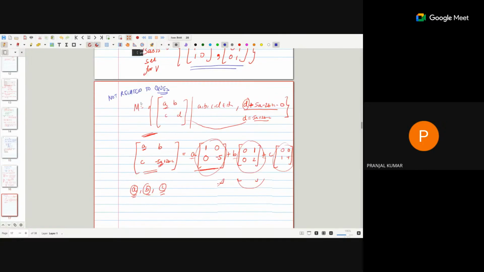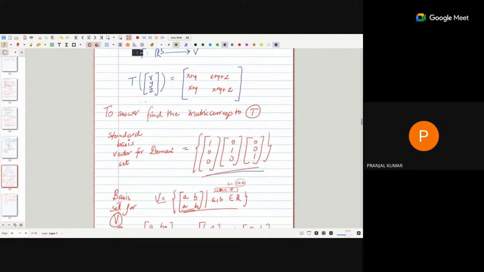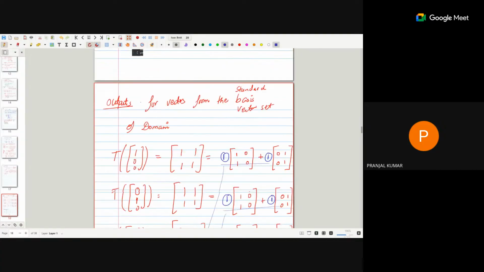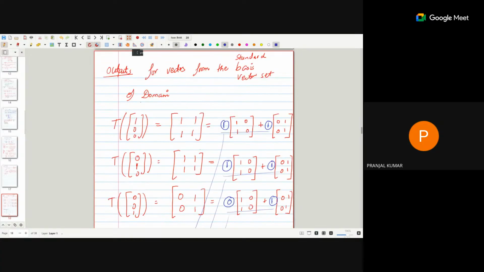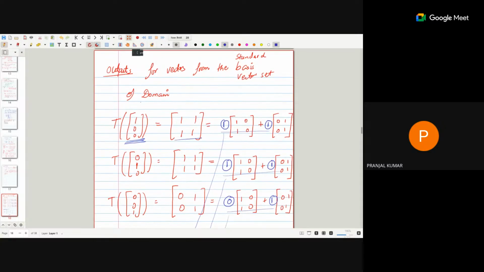Now I will use this linear transformation which is given to us, which is this. Okay, so the method remains the same. I will find the images. For the first basis vector of the domain, I will find the image, which is this 1 1 1.